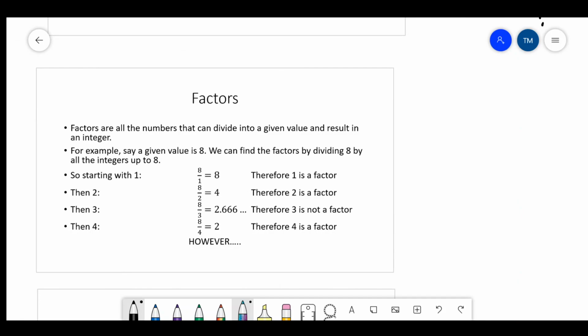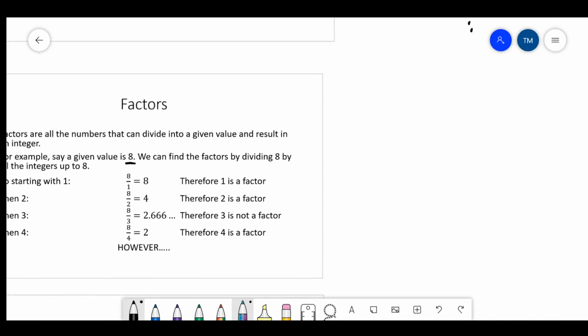And factors are all the numbers that can divide into a given value and result in an integer. So in the example here, if we're given 8 and we want to find the factors of 8, one method of finding it is to start with 1 and go from 1 to 8, dividing 8 by that number.